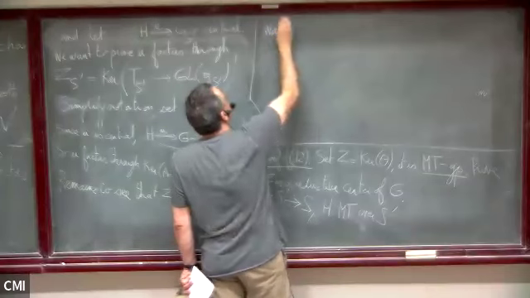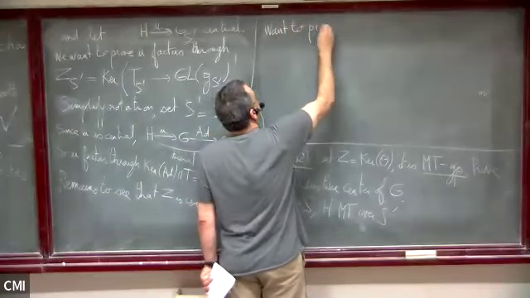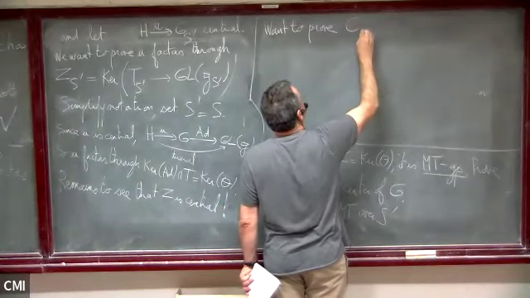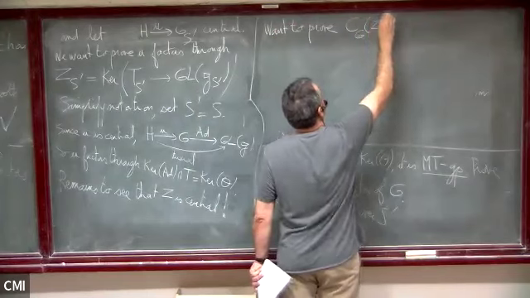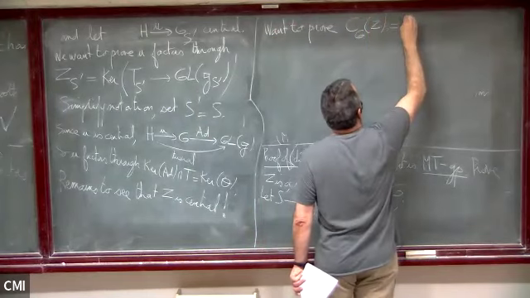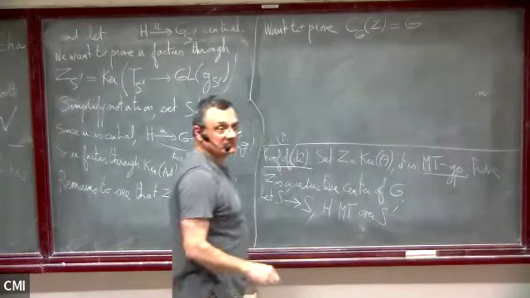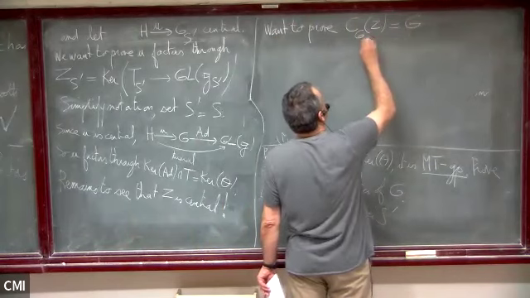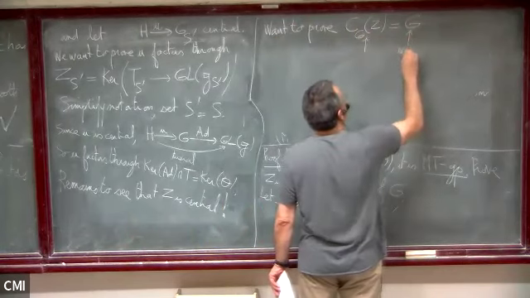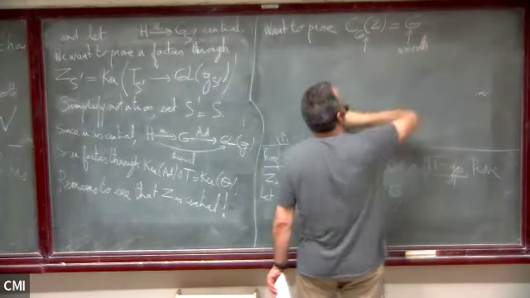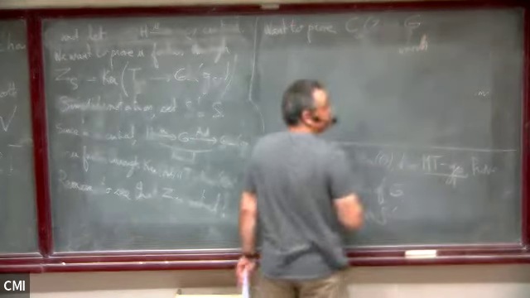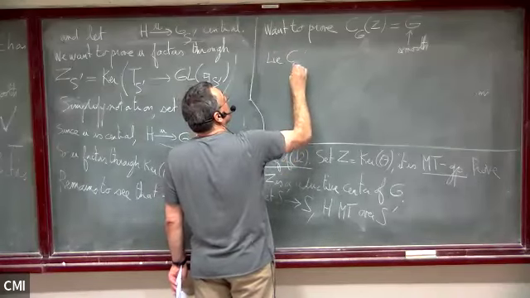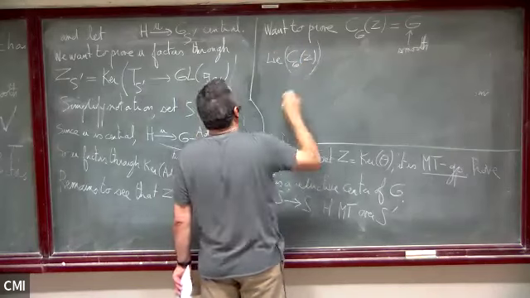We want to prove that the centralizer in G of Z is G. But we know that this one is smooth, and this is a subgroup.